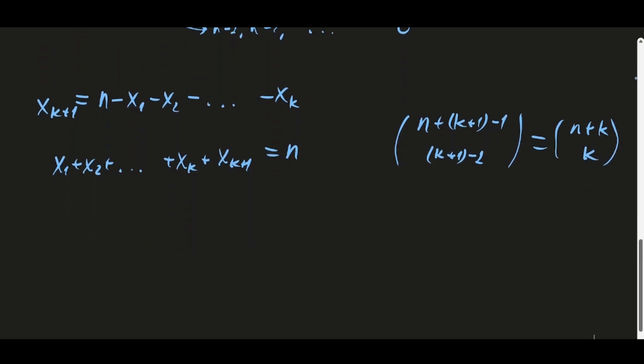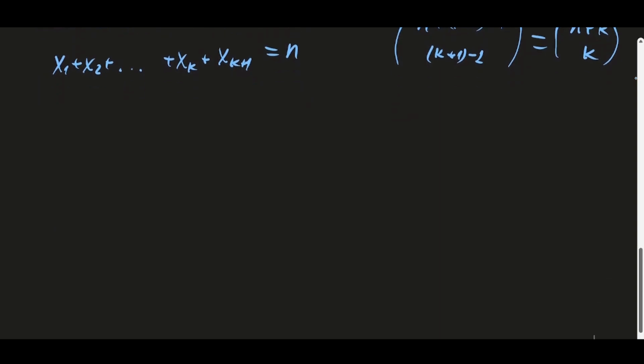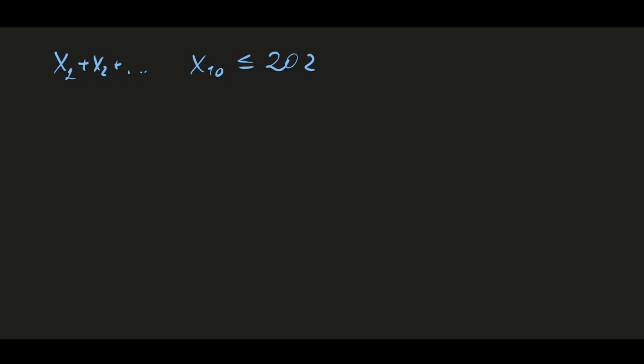This was all I wanted to discuss about stars and bars, and now let's see an application. For example, suppose you want to count the solutions where the sum of 10 numbers, x1 plus x2 plus ... plus x10, is less or equal to 2025 but greater or equal to 2000.